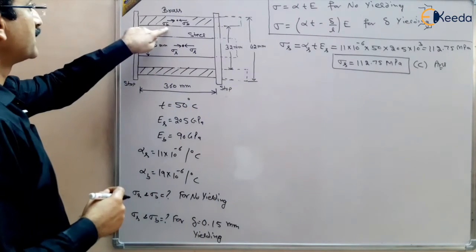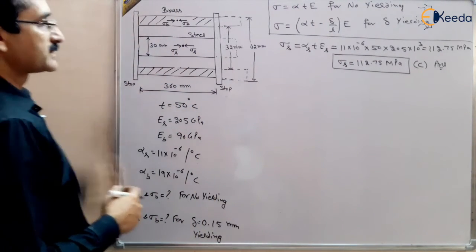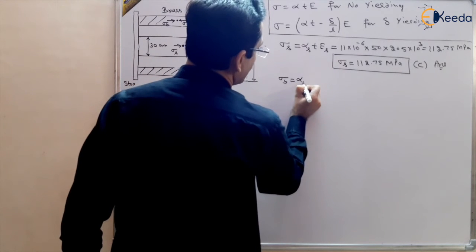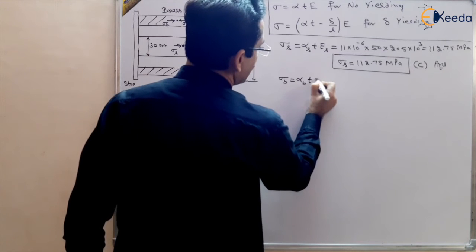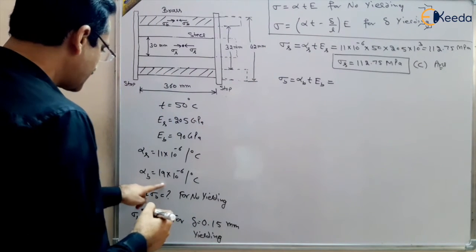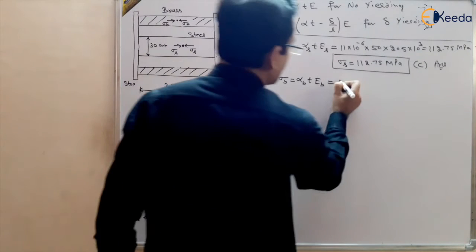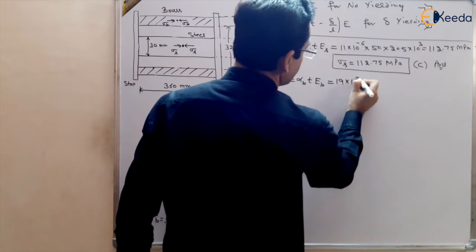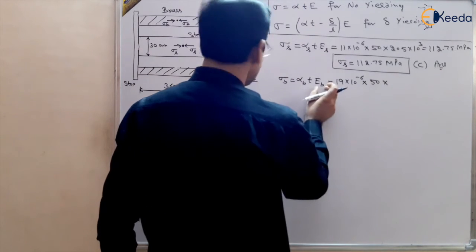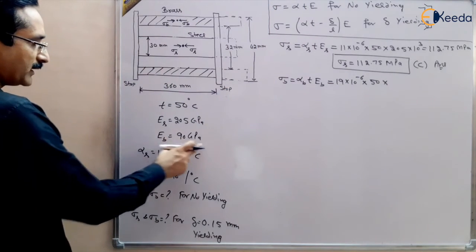Now the stress developed in brass, sigma B, is equal to alpha of brass, T, and E of the brass. So alpha of brass is 19 multiplied by 10 to the power minus 6, multiplied by the temperature rise, and E of brass is 90 gigapascal.